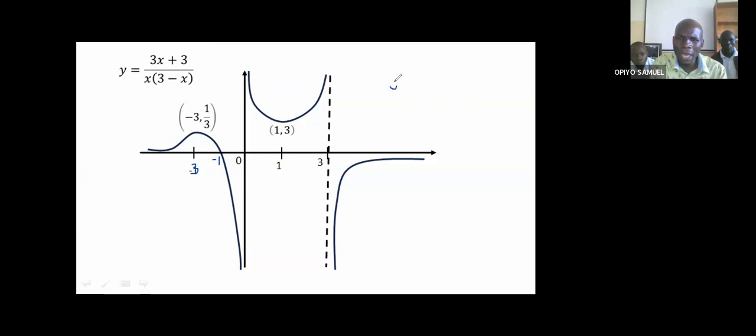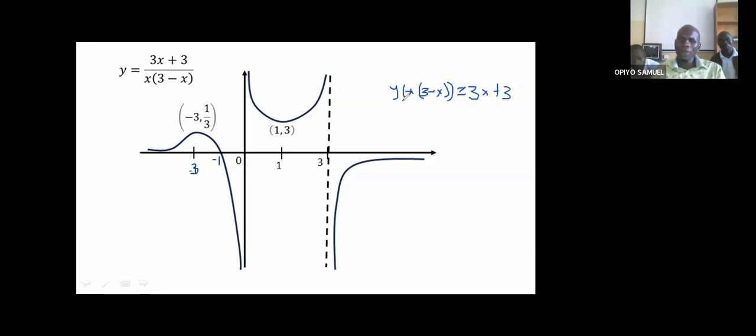cross multiply. We have y, so we shall have x into 3 minus x equals 3x plus 3. So then you open this bracket.